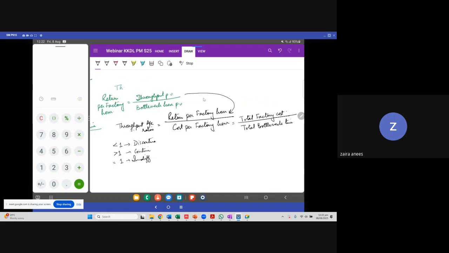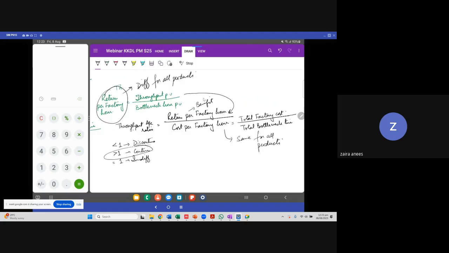The important thing is that return per factory hour is different for all products, and cost per factory hour is the same for all products. So if return is more than cost, if benefit is more than cost, then your answer will be greater than 1 and you should continue. If benefit is less than cost, your answer will be less than 1 and you should discontinue, right?